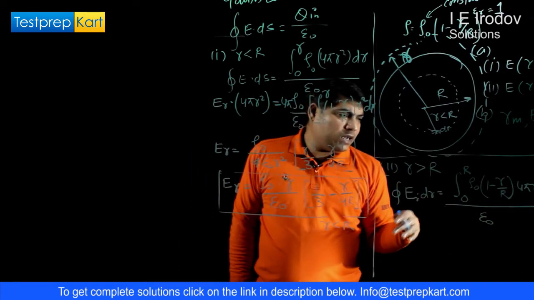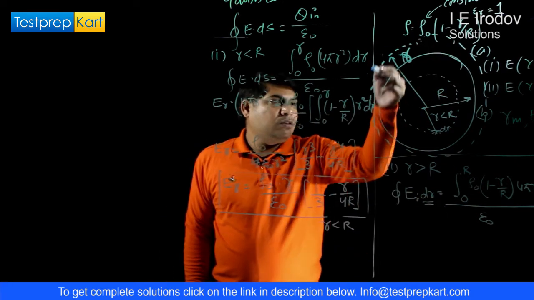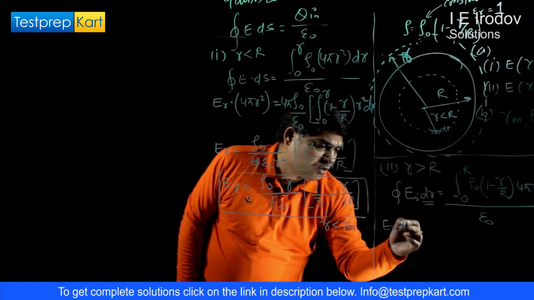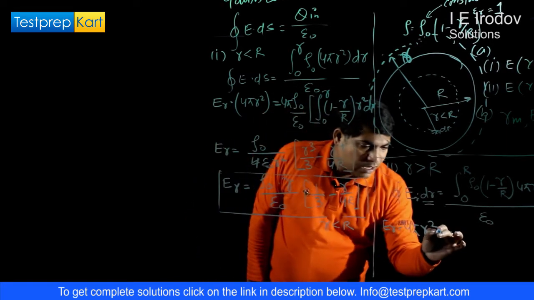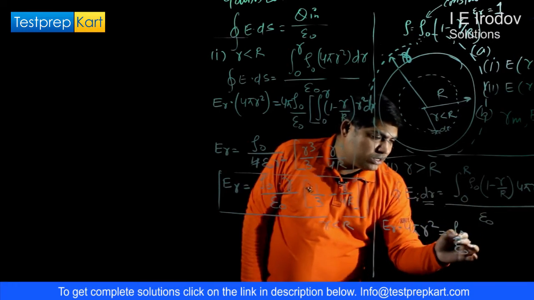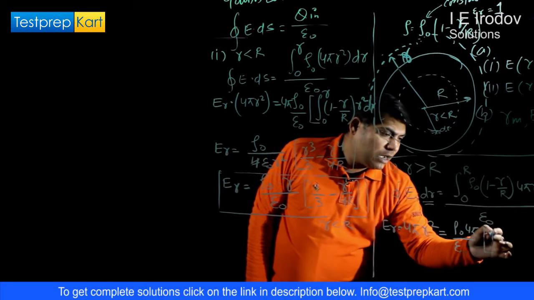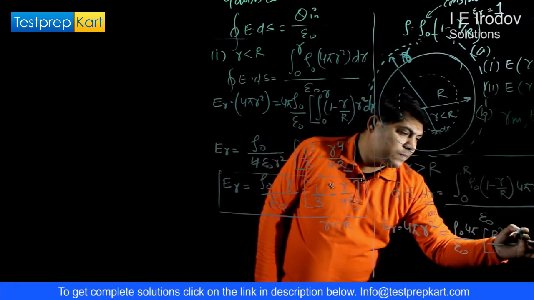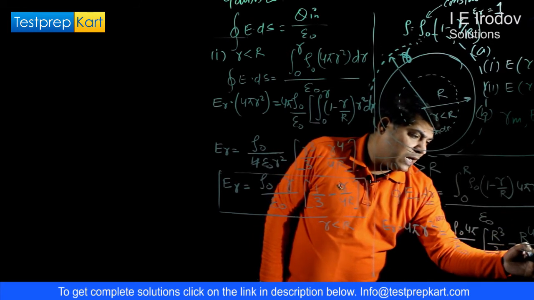Here we integrate this term, and the surface area is that of the outer Gaussian surface. So E times 4 pi r square equals rho naught upon epsilon naught, with 4 pi also there, and again we get R cube by 3 minus R to the power 4 upon 4R.